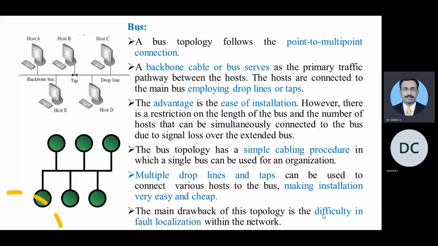Let us see that. So you can just go with this figure. You can see the backbone bus and hosts A, B, C, D and E connected.